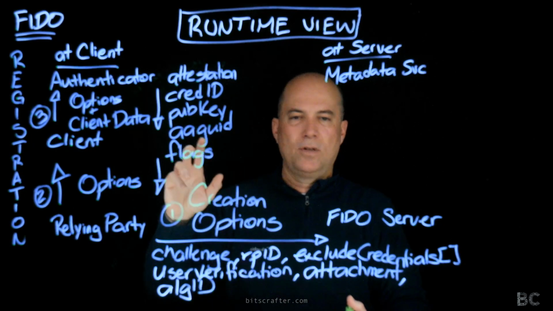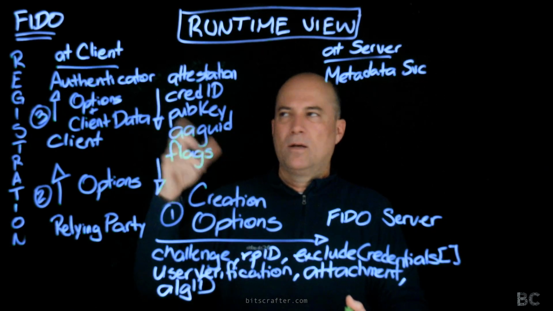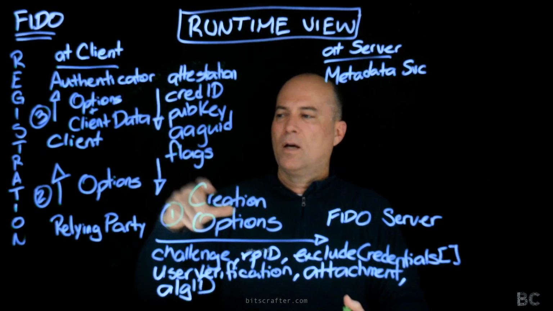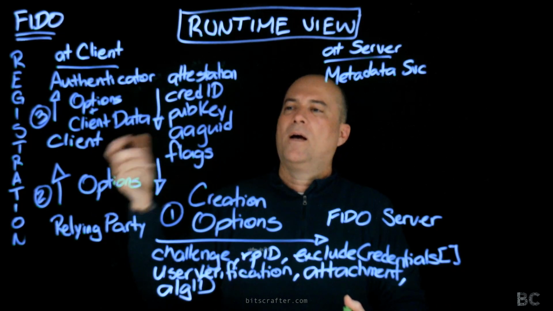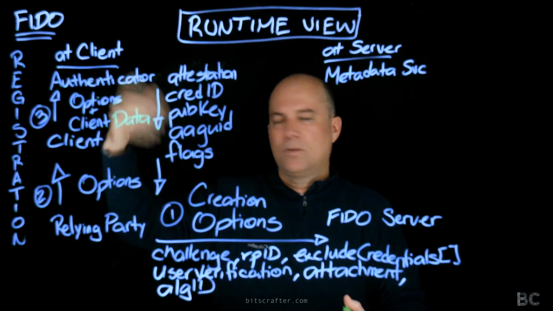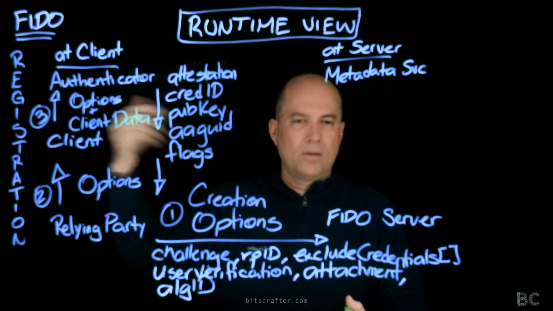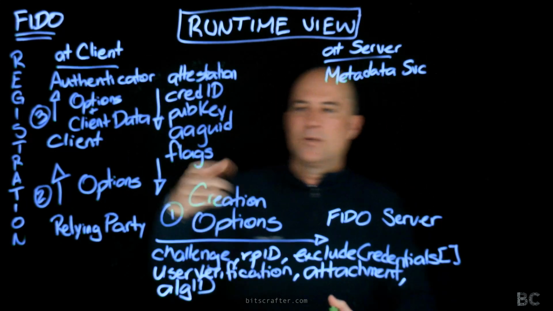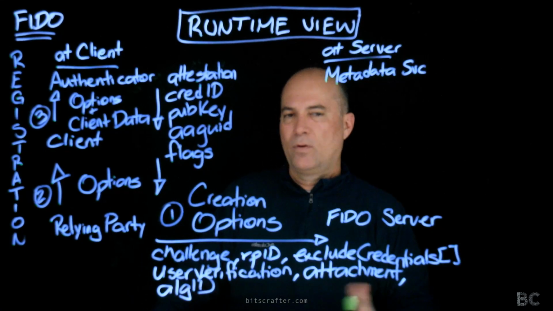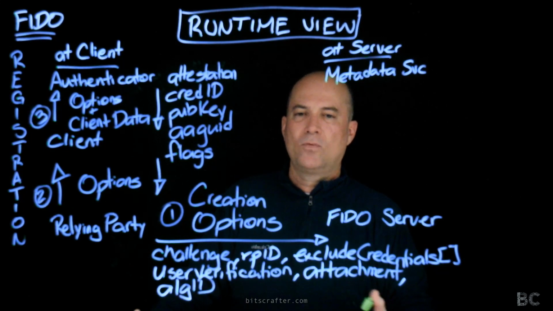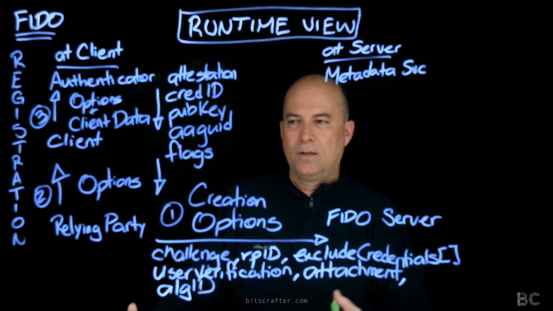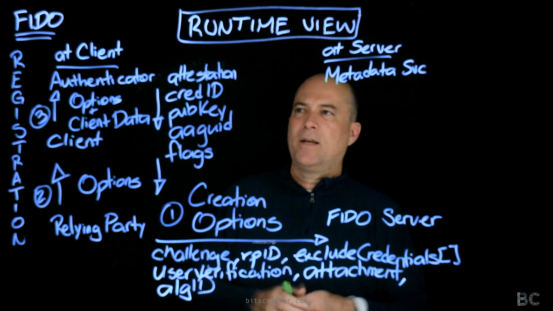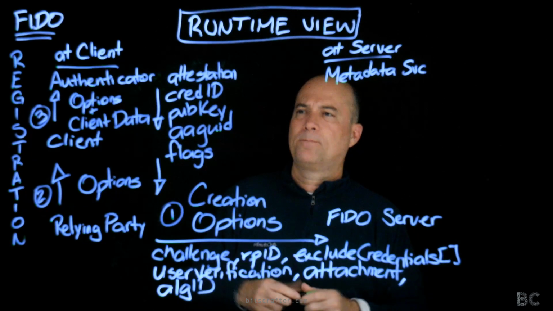So based on the capabilities of the authenticator and the preference expressed in the options, a final decision is made by the authenticator, and it's expressed in these flags whether the keys will be multi-device keys or a single device key. So that is the response.